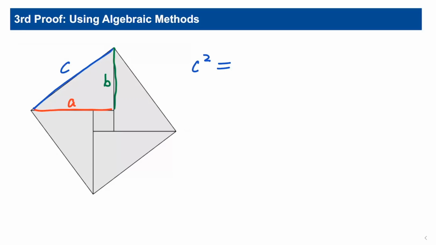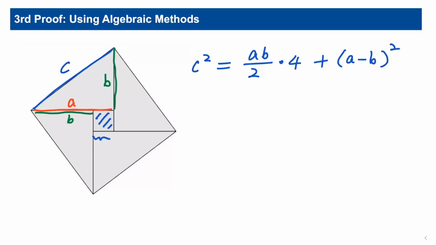It equals the sum of the 4 triangles plus the little square in the center. The area of each triangle is A times B over 2. 4 triangles, so we multiply by 4. The area of the little square in the center is (A minus B) squared, because this is B.